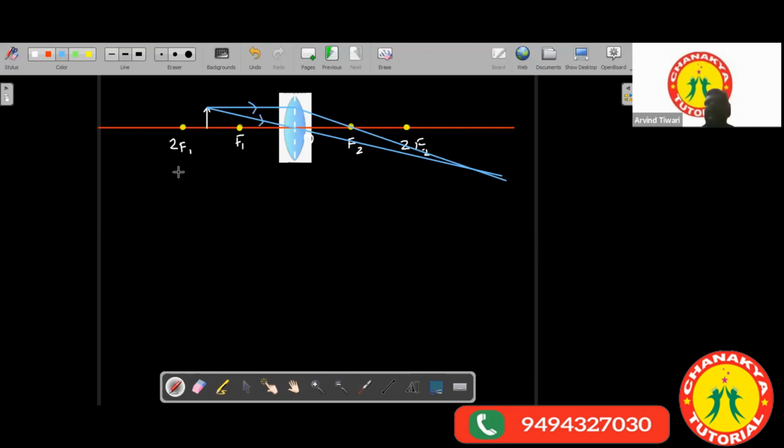For drawing any ray diagram, we need minimum 2 light rays. So here we have obtained the image. This is our object AB. Here you have the image A dash, B dash.